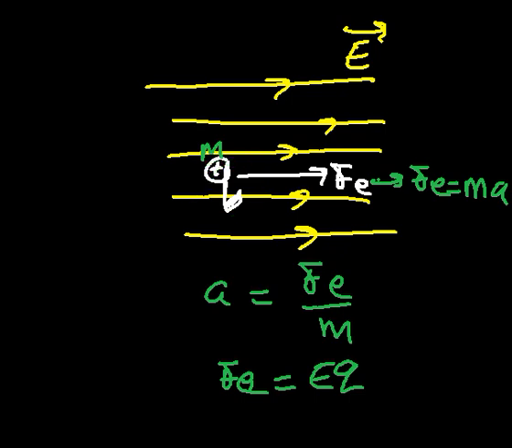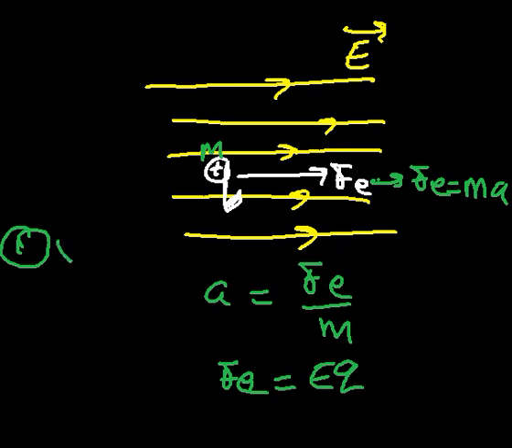Since the object moves at constant acceleration, we can apply the equations of kinematics to describe the motion: the distance covered, the initial speed, the final speed, and even the time taken to reach some point. So these equations will be highly used.